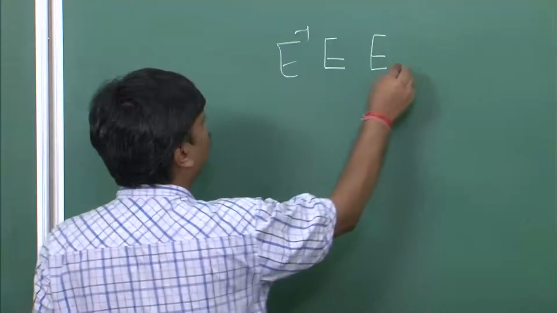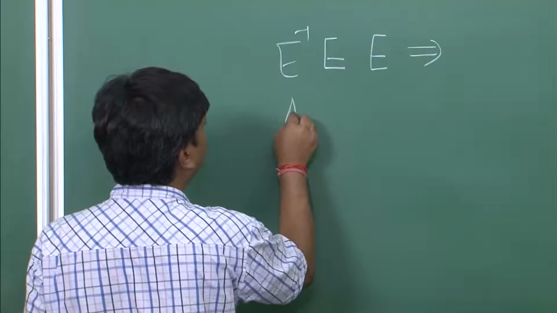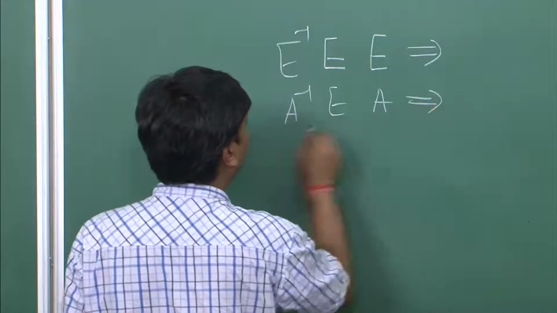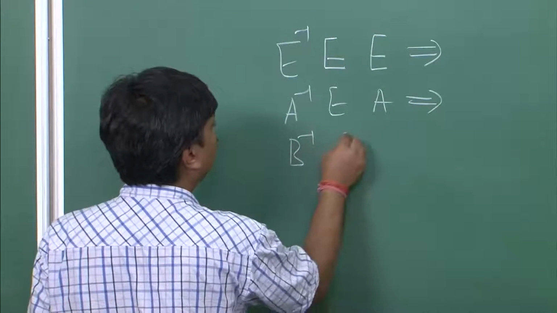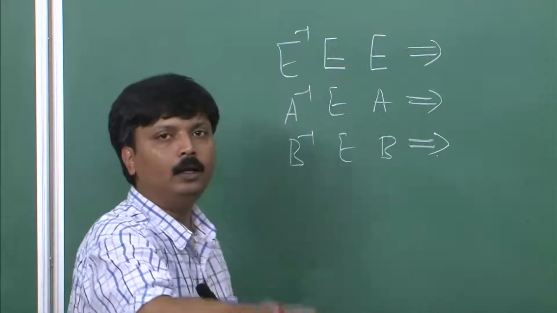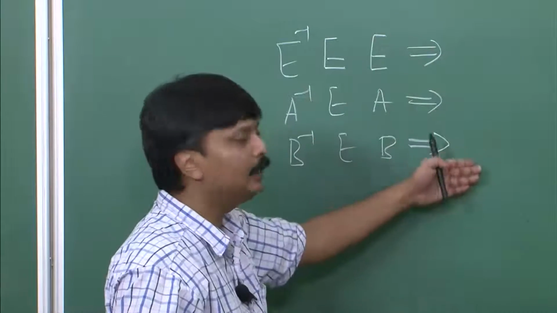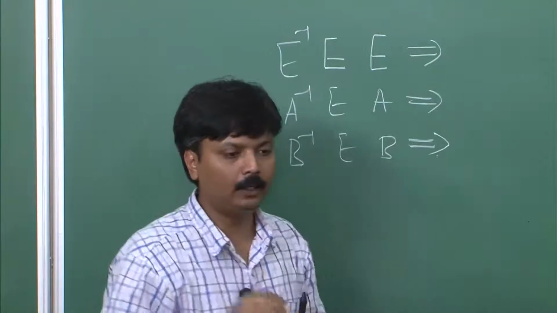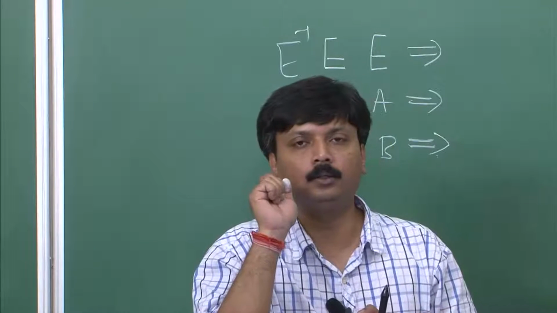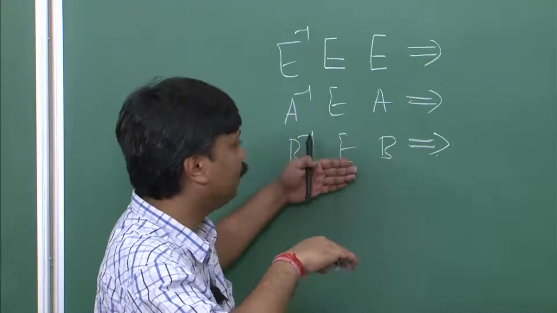So you get one answer here, then you do A inverse E A, you get another one, then B inverse E B, and you keep doing this until you reach the last element of the group. You will get 6 results out of this similarity operation.